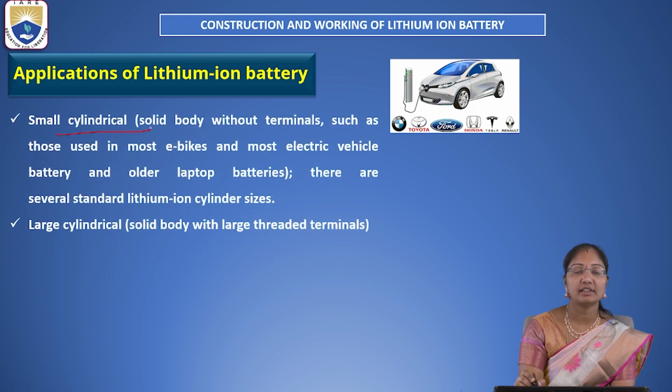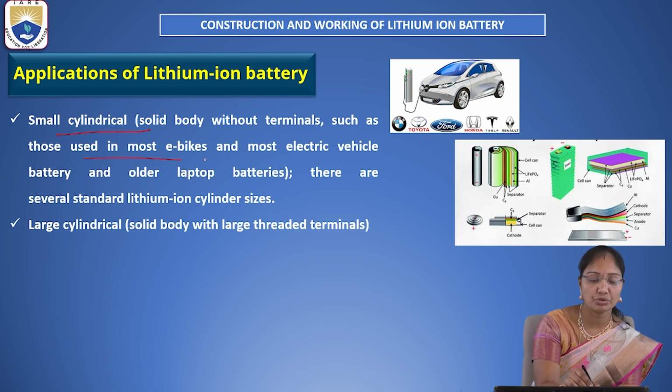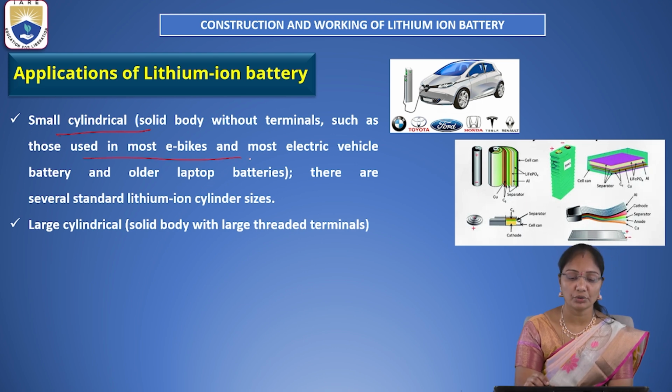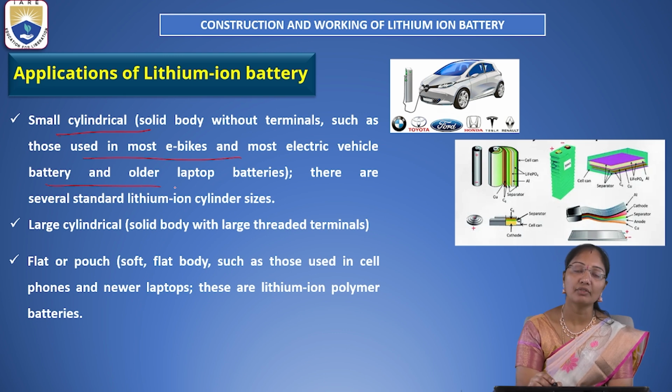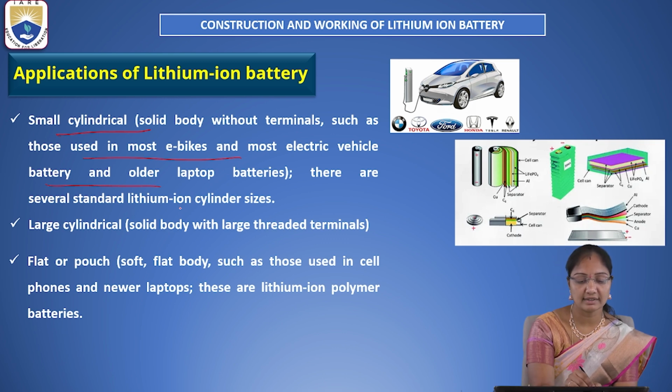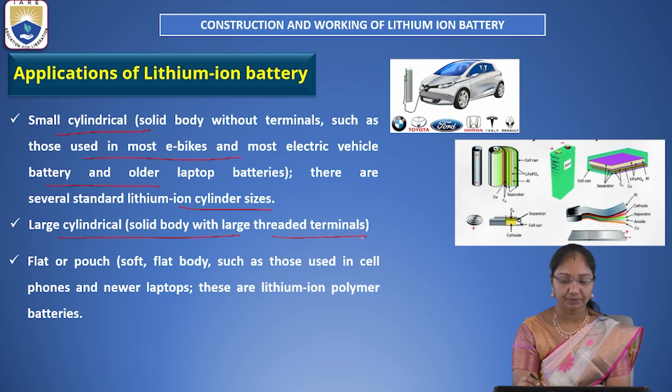They are small cylindrical solid bodies without terminals, such as those used in most e-bikes and also in electrical battery vehicles, electrical cars, buses, forklifts, and older laptop batteries. There are several standard lithium ion batteries in cylindrical sizes. There is also a large cylindrical solid body with threaded terminals.